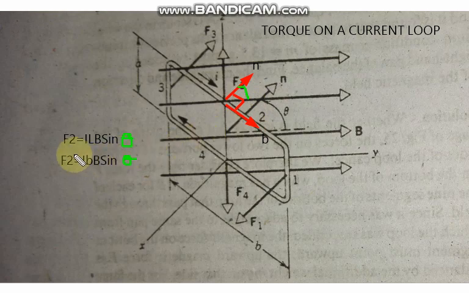Since we have to determine the force, and the force includes the angle, actually this is not the same angle theta as between this one and this one. We have to denote it by some different letter. Let it be phi.